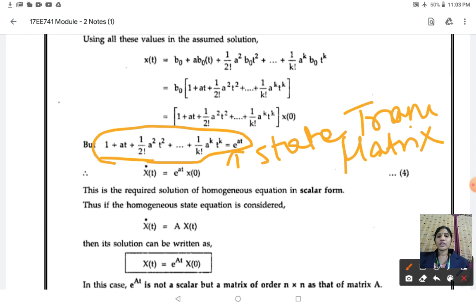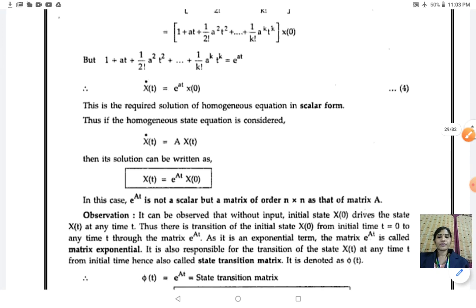It is your state transition matrix, and this is the solution, homogeneous equation solution, and it is in scalar form. It is not in vector form, it is in scalar form. So here we can write it as x dot of t is equal to ax of t. This solution can be written as x of t is equal to e power at into x of 0.